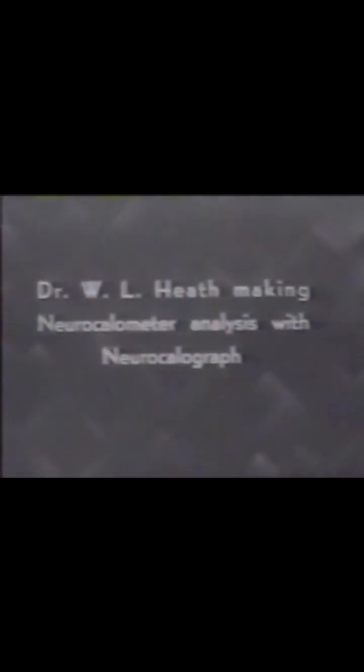The neurocalograph improved upon instrumentation in two ways. First, it overcame the variable of human error. Since the neurocalometer was so sensitive, the human eye could not accurately see the details of each heat break reading, as the needle indicator quickly deflected from one side.